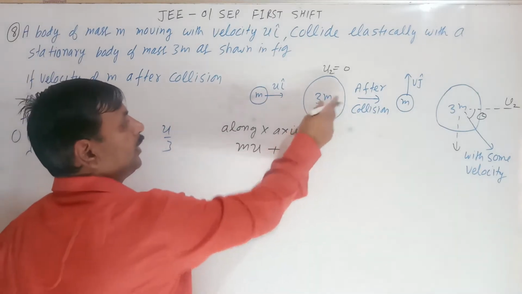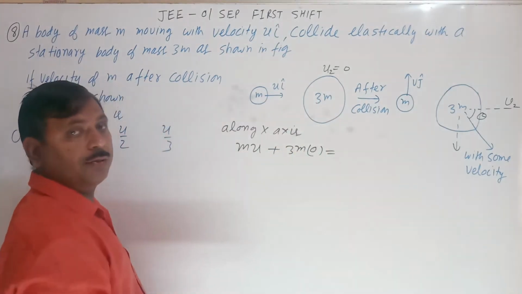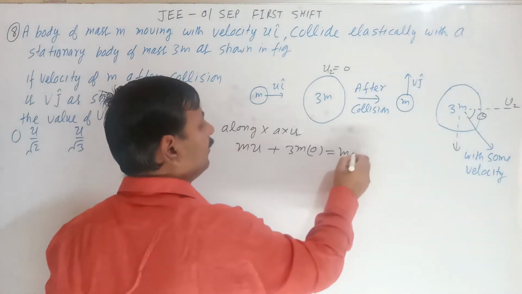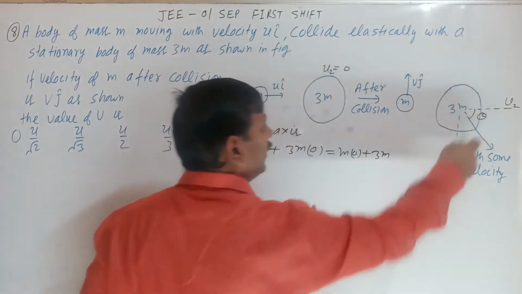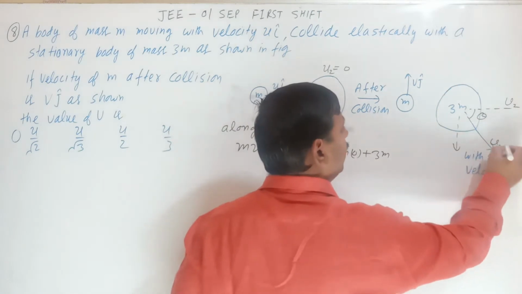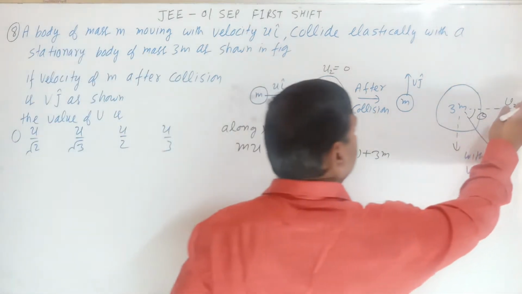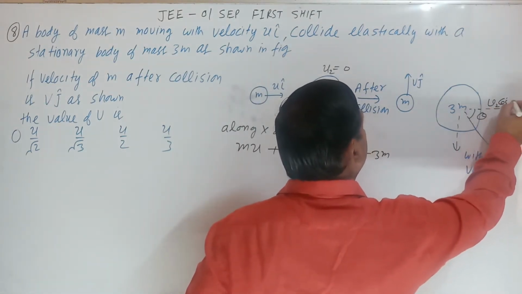Along x-axis, m u plus 3m times 0 is equal to no component along x-axis for m, plus 3m times the component of v2 along horizontal, which is v2 cos theta.